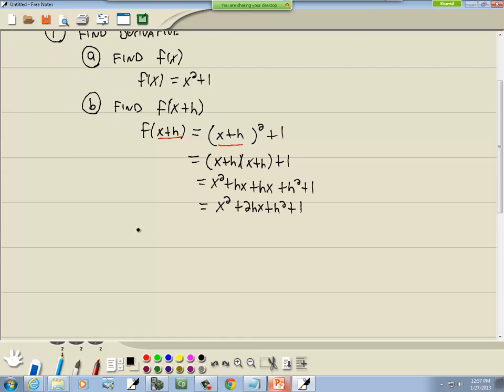Step c: plug f of x and f of x plus h into your formula and find the limit.